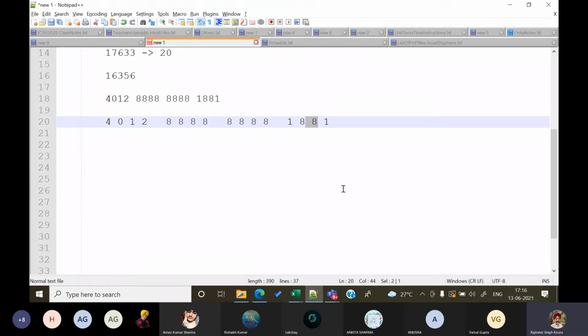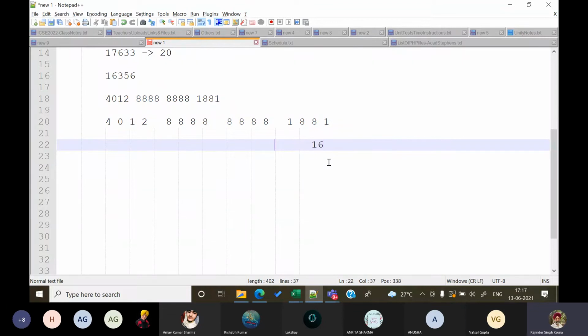So I'll take this 8 and make this 16. So that means the double of this thing is 16. उसके बाद alternate character कौन सा आता है? ये 1. Okay, ये 1 का double कितना हुआ?